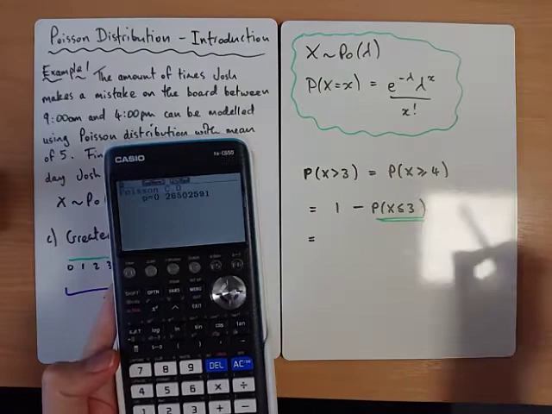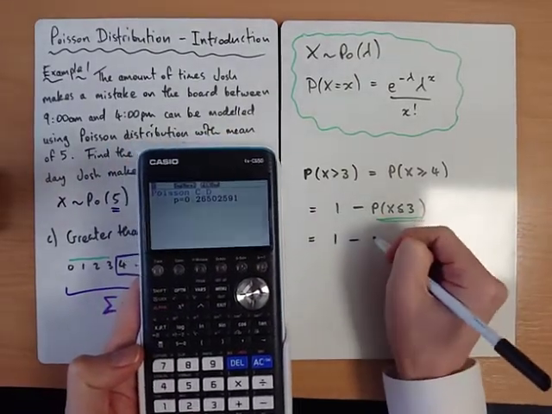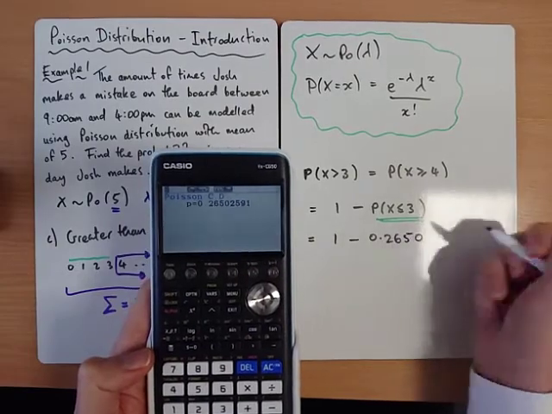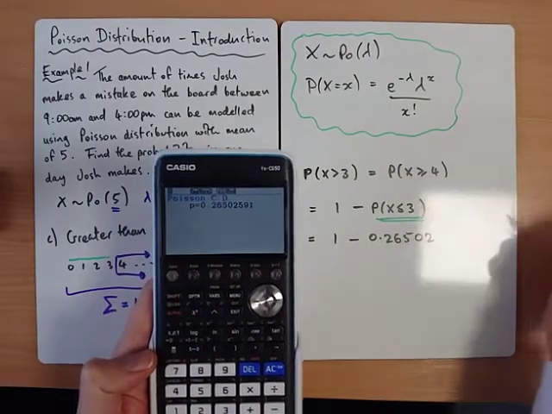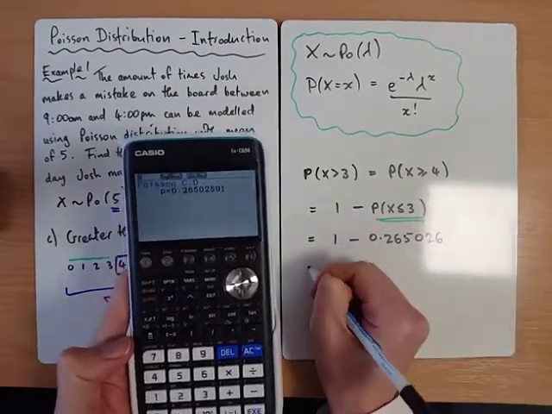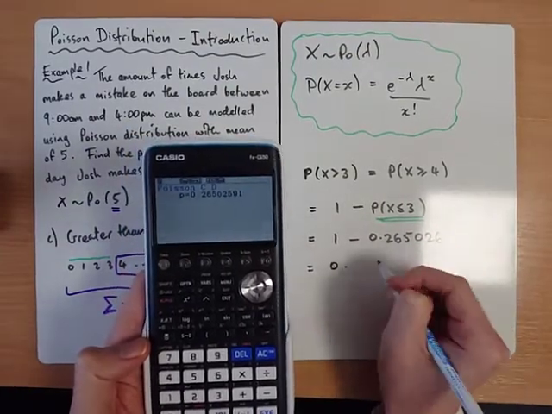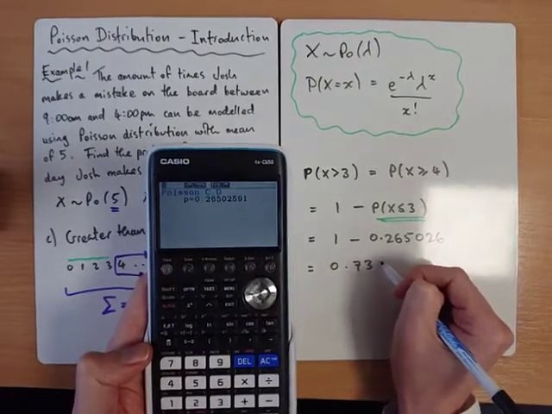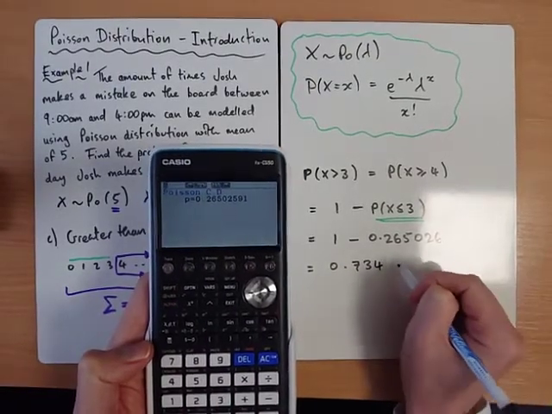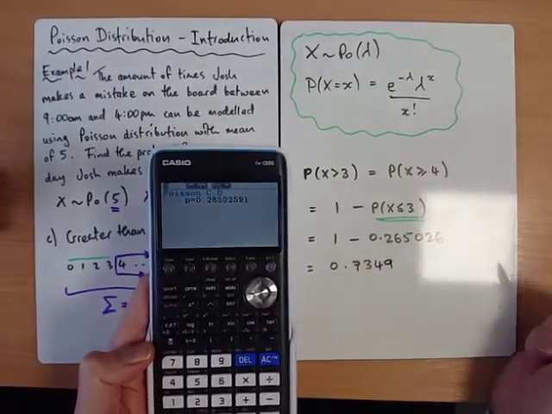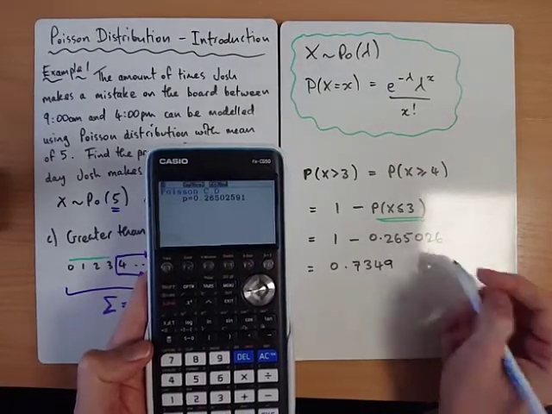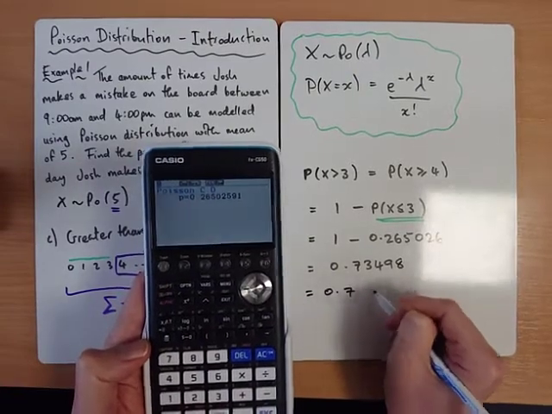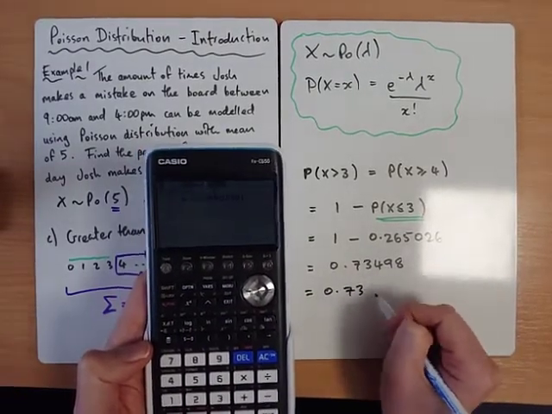And that gives us 1 minus 0.265026, which would be 0.73498, if I was going to round it, in other words, 0.7350.